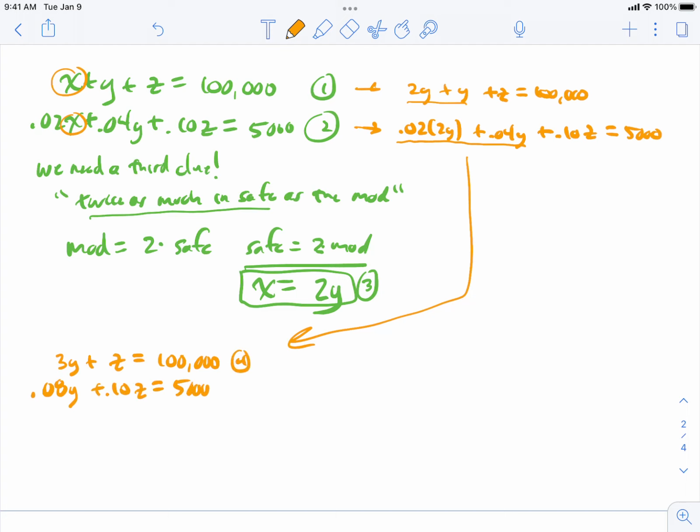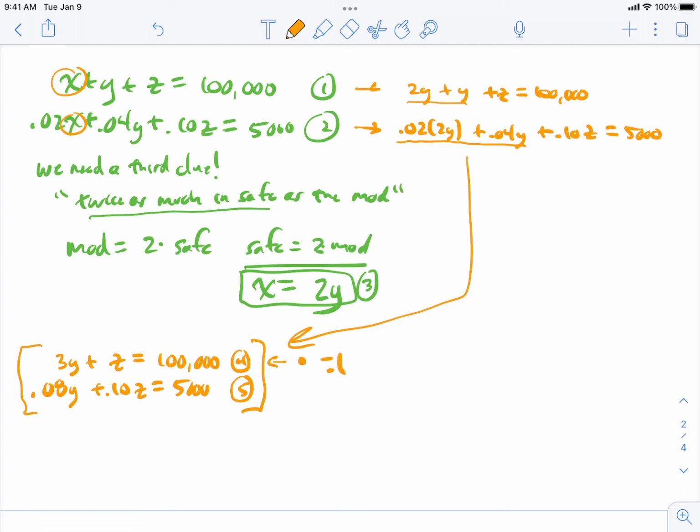I will call those my official equations 4 and 5. Now we got to solve these together. How about we take the z's and make those go away? I can multiply this by a negative 0.1. That seems like a good idea.